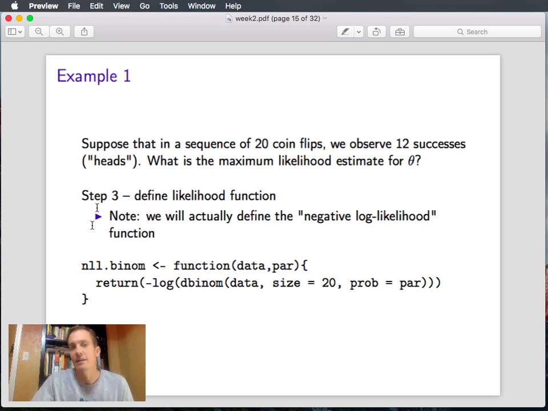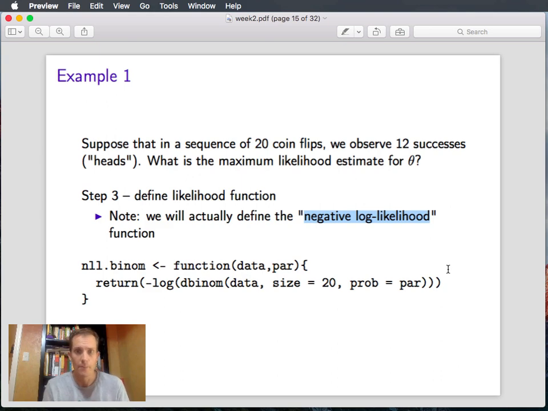Now this is a little technical note. You don't have to think about this too hard, but if you want to think about it, I'm happy to visit with you a bit more. What we're actually going to do is a little trick that works better. Instead of defining the likelihood function, we're going to define the negative log likelihood function. Log refers to the logarithm.